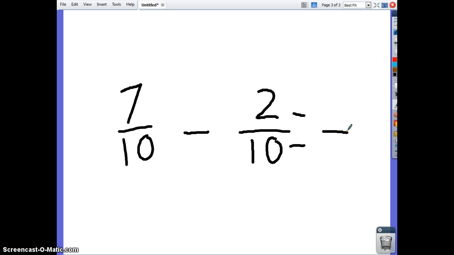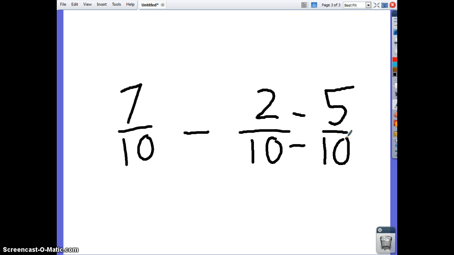And now 7 minus 2 equals 5. Now 5 over 10 can be simplified. 5/10 can in fact be simplified.